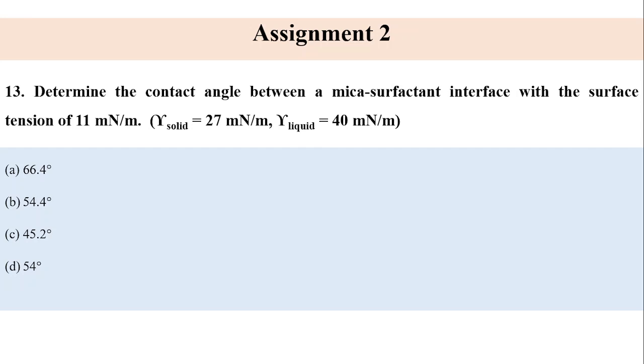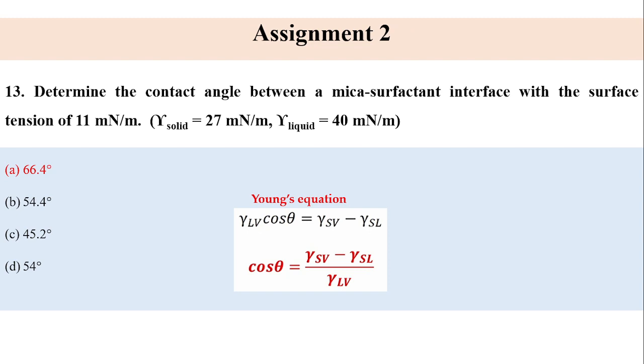So you have to determine the contact angle between a mica and a surfactant solution interface which has the surface tension of 11 millinewton per meter. So you already have all the three values, that is gamma 1, gamma 2 as well as gamma 1 2. You just have to determine what's the contact angle. The answer to the question is 66.4, and you have to just use the Young's equation, which is cos theta is equal to gamma SV minus gamma SL by gamma LV.